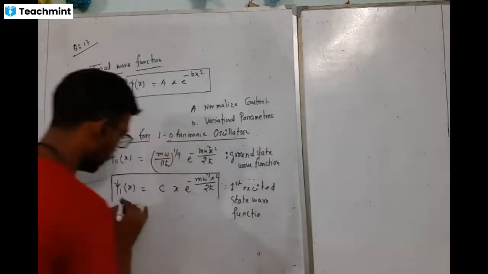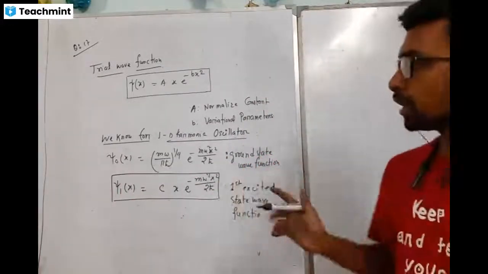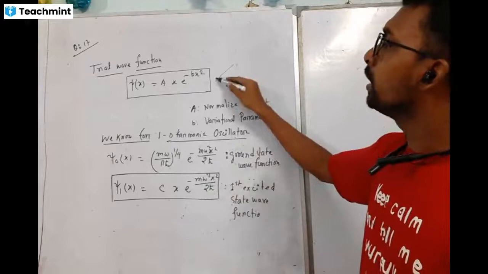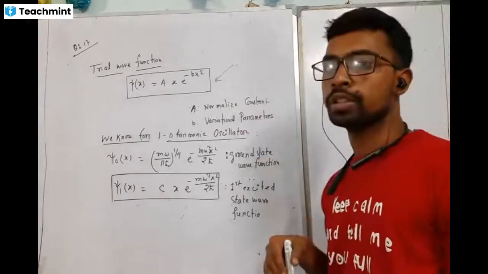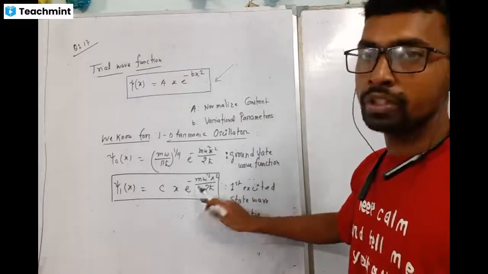Please note this trial wave function and the first excited state wave function are very similar. So this trial wave function basically looks like a first excited state wave function.